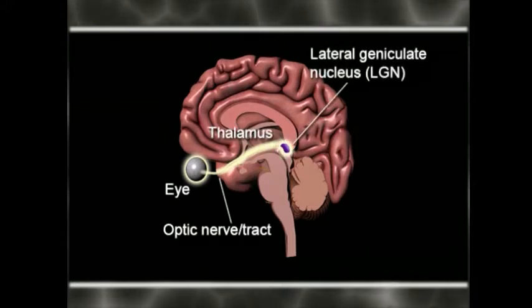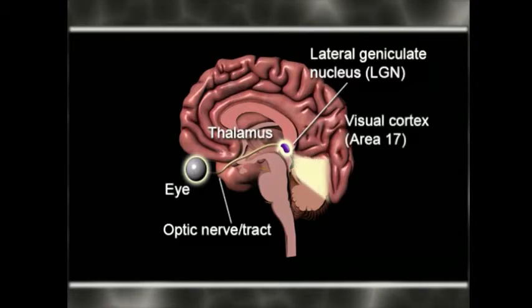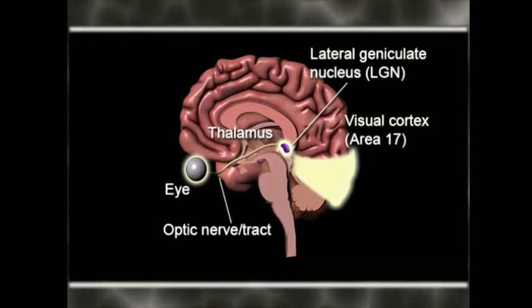And the lateral geniculate nucleus is just one nucleus in the thalamus. Neurons in the lateral geniculate will then project their axons to visual cortex, or area 17. And again, area 17 is at the back of the brain, at the very back pole of the brain.